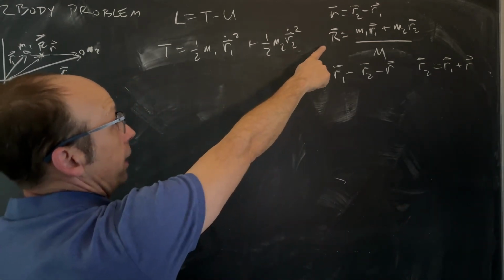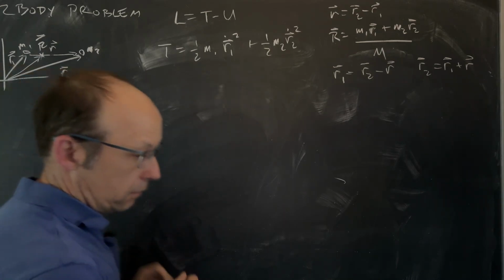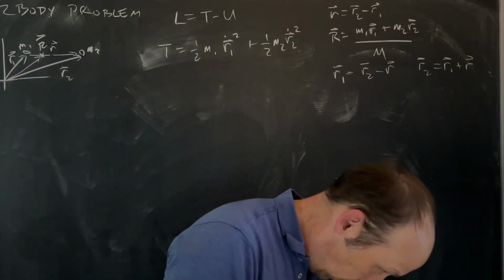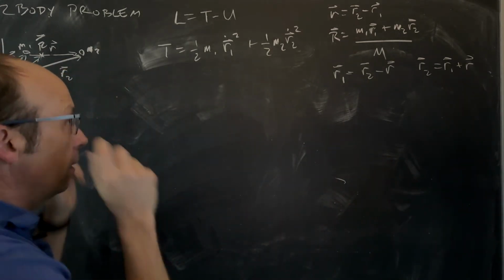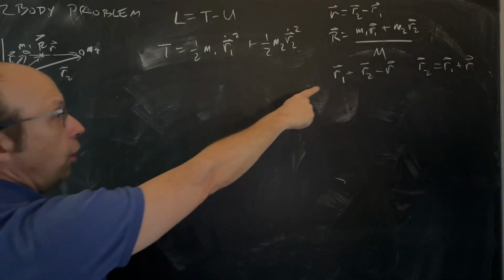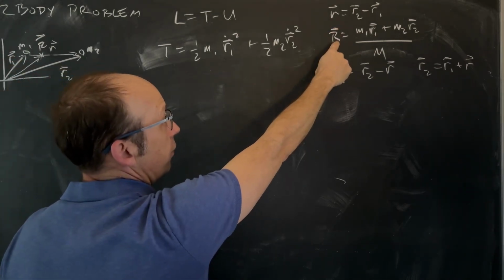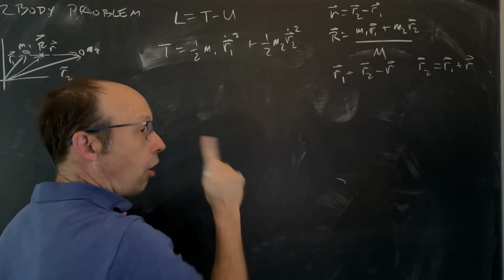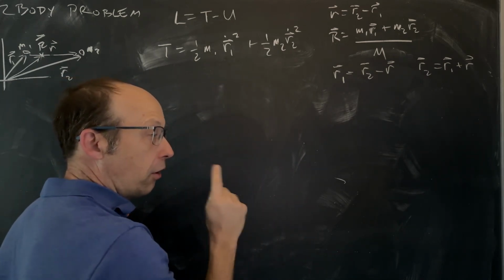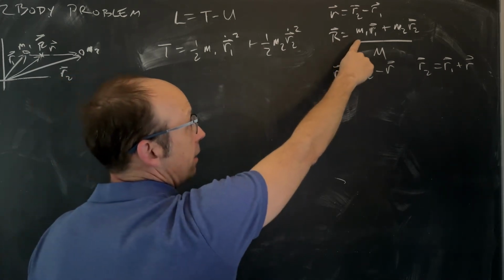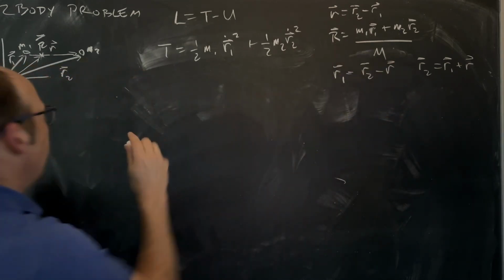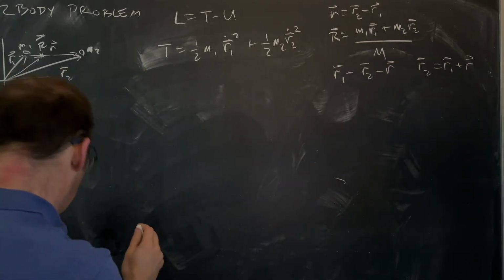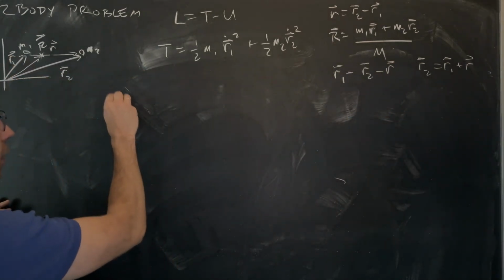So let's rewrite the vector R. I want to get r1 in terms of capital R and lowercase r. So I'm going to take this, and I'm going to substitute in r2. This is tedious, and a lot of the books just kind of gloss over this. So I'm trying not to gloss over it.